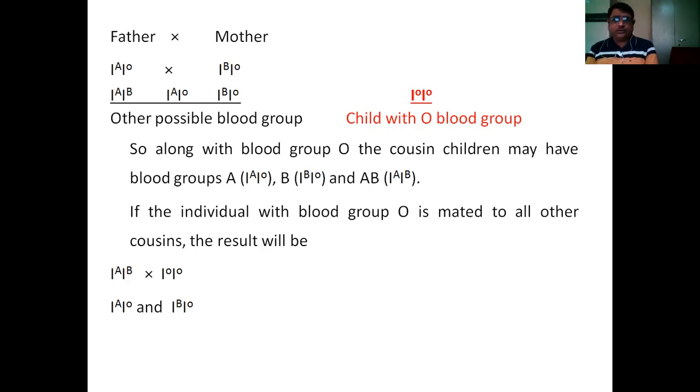When this child with O blood group, that is IOIO, is mated to the rest of its cousins, that means IAIB, IAIO, and IBIO, what will be the possible phenotypes in the subsequent generation? When we cross this IOIO with the first genotype, IAIB, we will get IAIO and IBIO. That means the phenotypes of that F2 generation will be A and B.